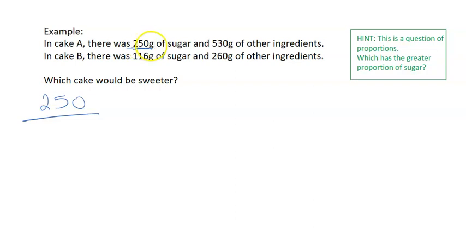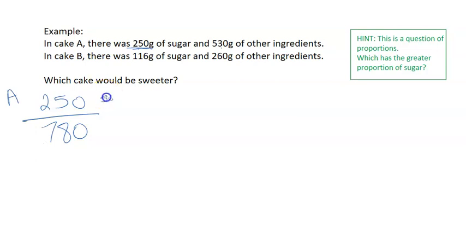So 250 grams plus 530 grams altogether is 780 grams. So in cake A, it's 250 grams of sugar out of a total 780 grams of cake.